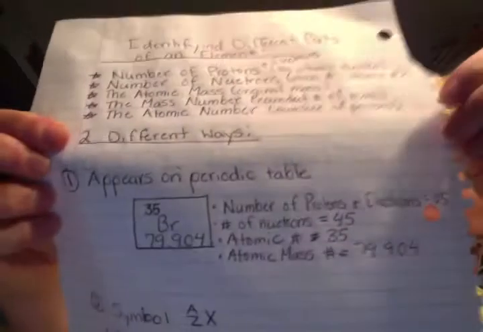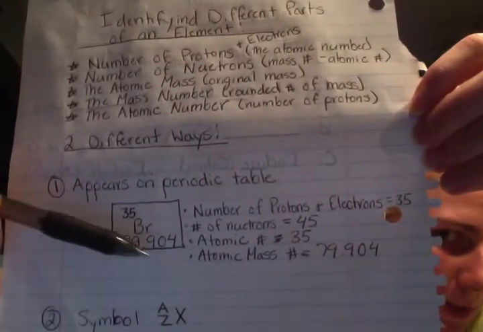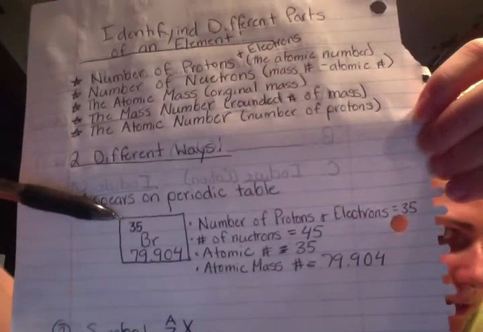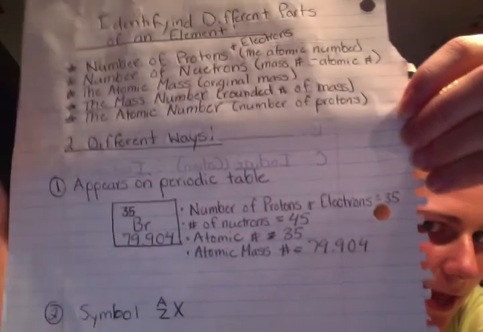And it's that number. See how I've written out the atomic mass number is that one. There's the atomic number and the number of electrons and protons. And then the mass number is the atomic mass rounded, and so that it is 80.